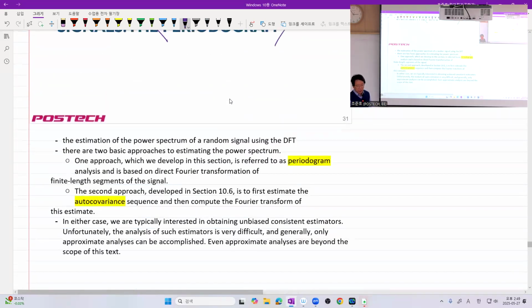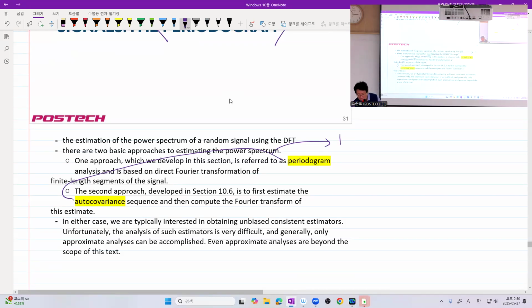There are two methods to estimate the spectrum of a stationary random process. One is the so-called periodogram approach, and the other one is the auto-covariance sequence estimation approach. And they are both based on the definition of the random process and an equivalent definition derived from the Wiener-Khinchin theorem.